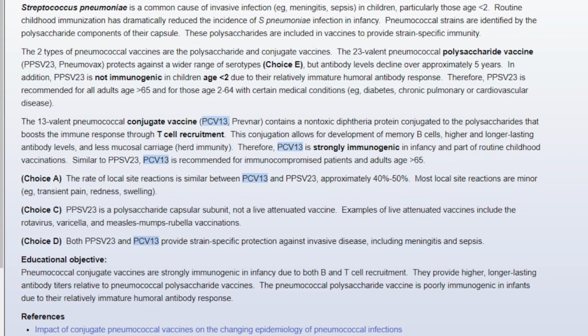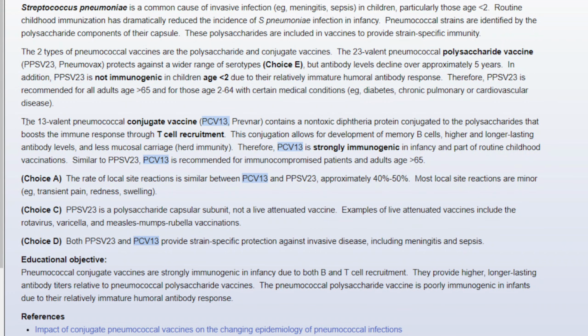On the other side, the pneumococcal polysaccharide vaccine is poorly immunogenic. The pneumococcal polysaccharide vaccine is the one we call PPSV23. PPSV23 is not immunogenic in children under the age of 2. Remember, because their immune system is still very weak. This one is recommended for adults over 65 with weak immune systems or medical conditions.